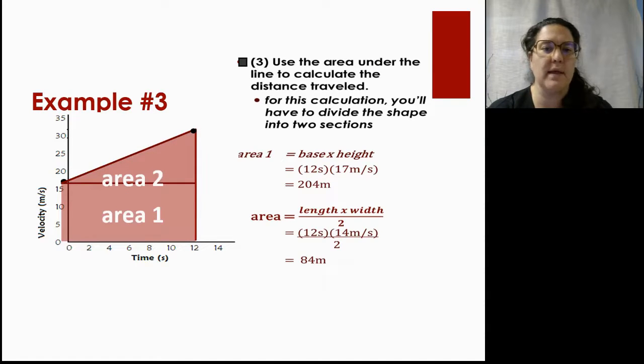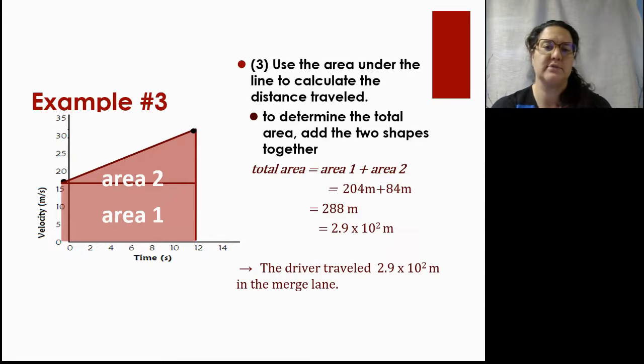So area 1 is going to be base times height, which is 12 seconds times 17 meters per second, or 204 meters. And area 2 is 12 seconds times 14 meters per second divided by 2, which is 84 meters. So the total distance traveled, once we add them together, is 288 meters.